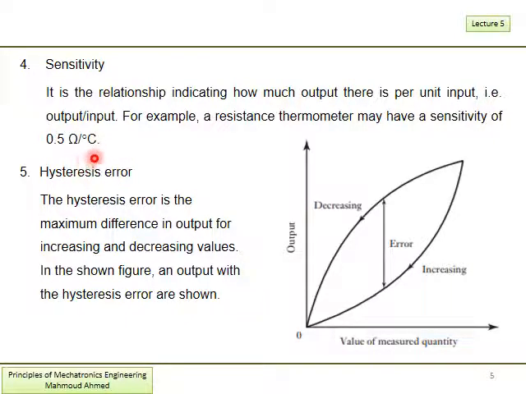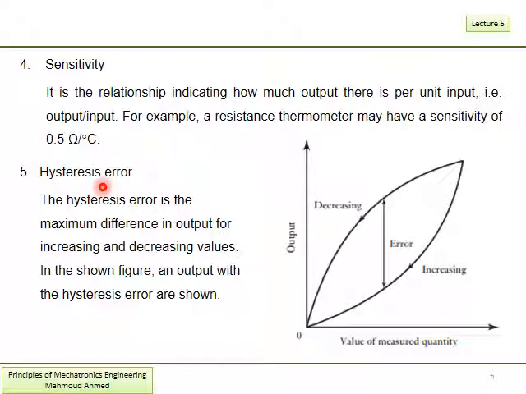So input is simply temperature with the unit Celsius, and the output is the change in the resistance with the unit ohm. So in this case, sensitivity is the relationship indicating how much output there is per unit input, so 0.5 ohm per degree Celsius.